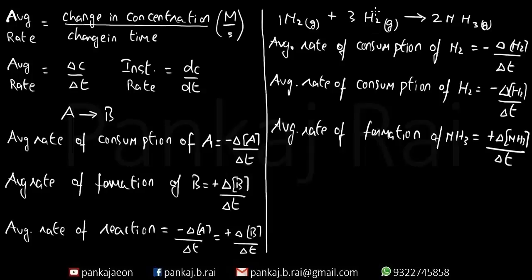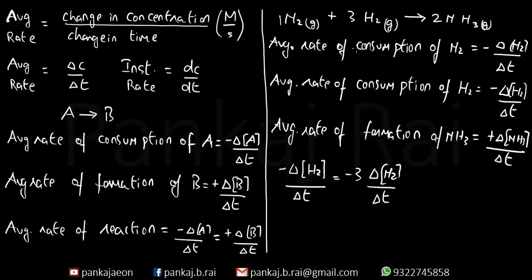So the rate of consumption of hydrogen is obviously 3 times the rate of consumption of N2. So let me write that the rate of consumption of hydrogen, which would be minus change in concentration of hydrogen with respect to time, is actually 3 times, so I'll say minus 3 times the rate of consumption of N2. So it is change in concentration of N2 upon change in time.